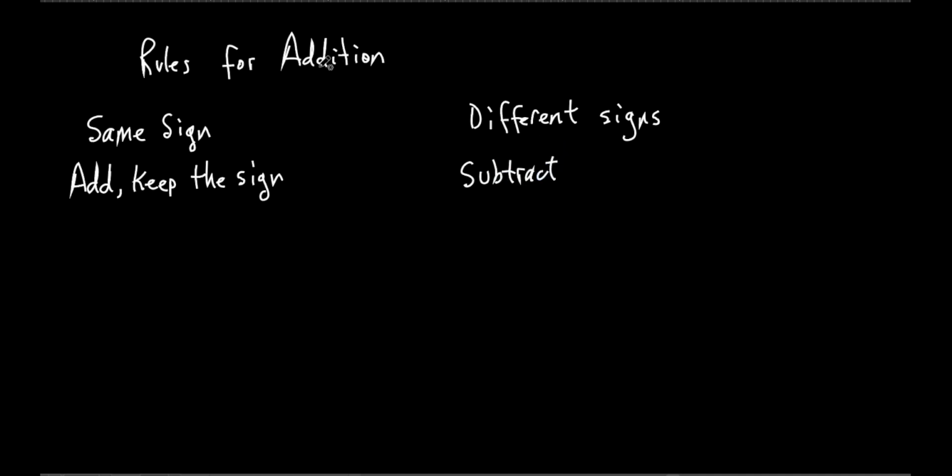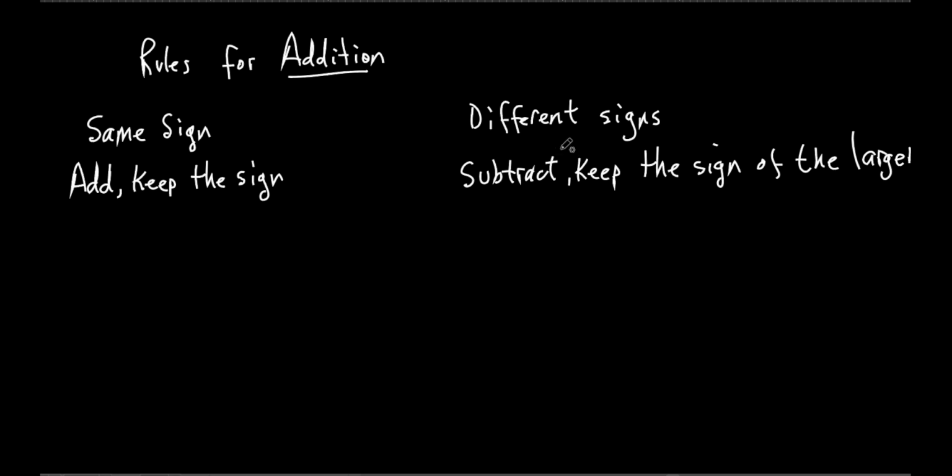Even though it's an addition problem, I subtract the numbers and I don't just keep the sign, because they're different signs. Which sign do I keep? It's always the subtraction one. Keep the sign of the what? Right, the larger number.